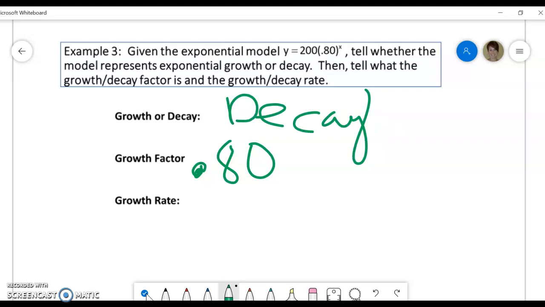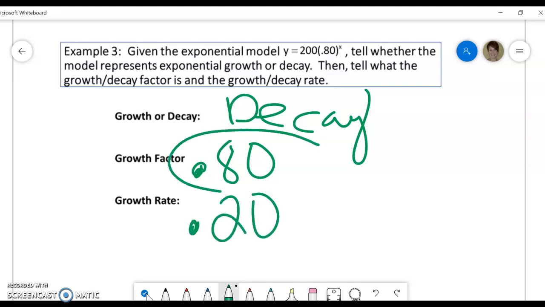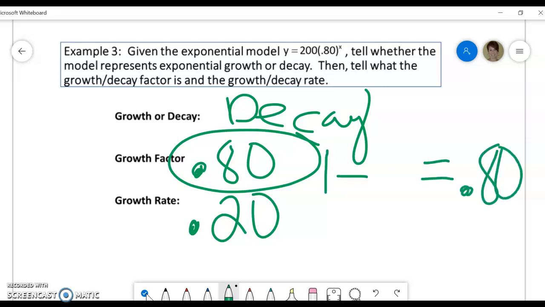And then the decay rate would be 0.2. To get that 0.80, I have to ask myself, what did I subtract from 1 to give me that? So in this model, whatever we're talking about, it is decaying by 20% or 0.2. Whether it's year or day, we don't know.